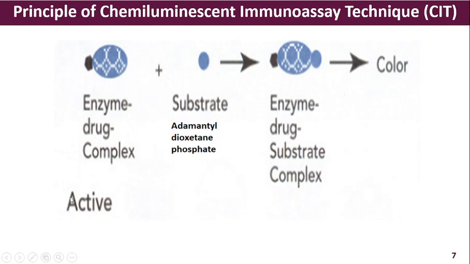For example, here the adamantyl dioxetane phosphate is going to be reacted upon by the enzyme alkaline phosphatase. It can cleave the phosphate from the adamantyl dioxetane. As soon as phosphate is cleaved from the adamantyl dioxetane, it will start luminescence.